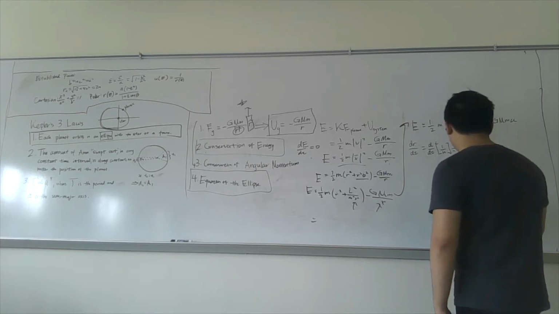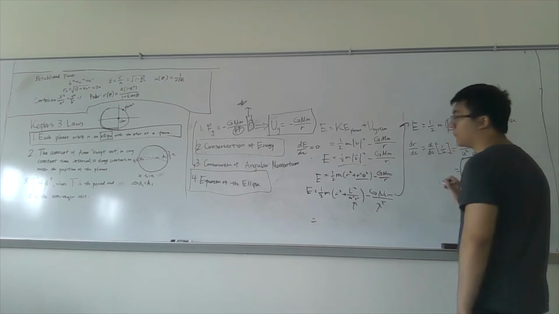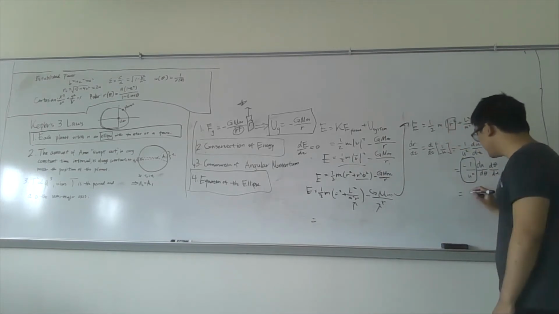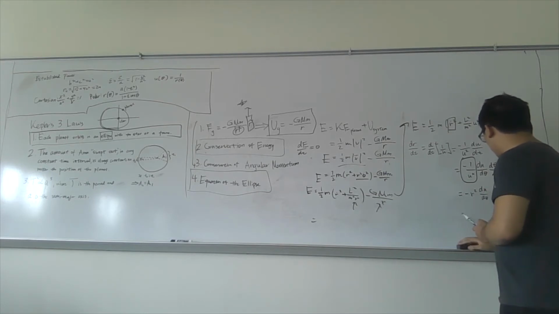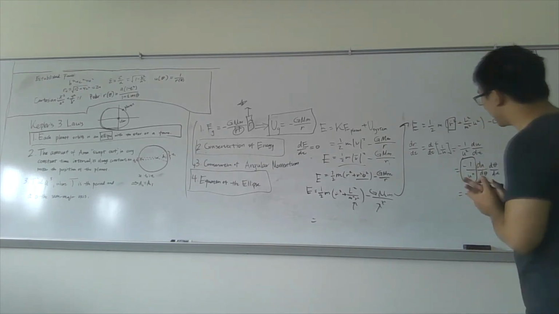And we can rewrite this part of the expression in terms of r again. It's negative r squared times this times the time derivative of theta.